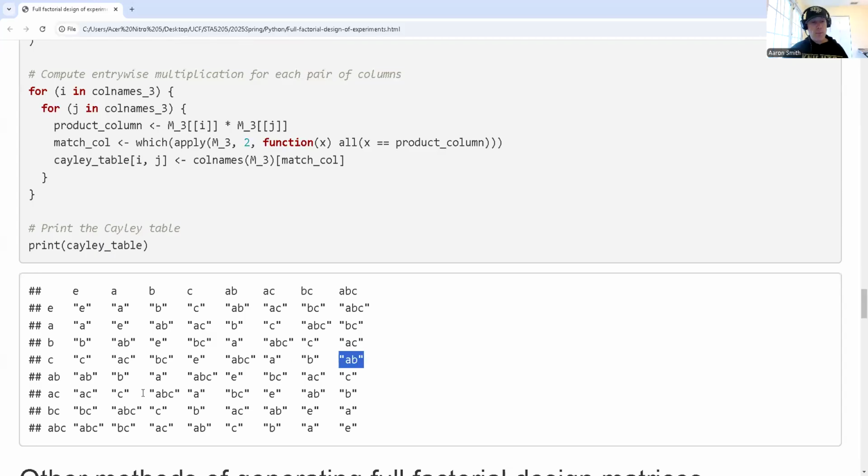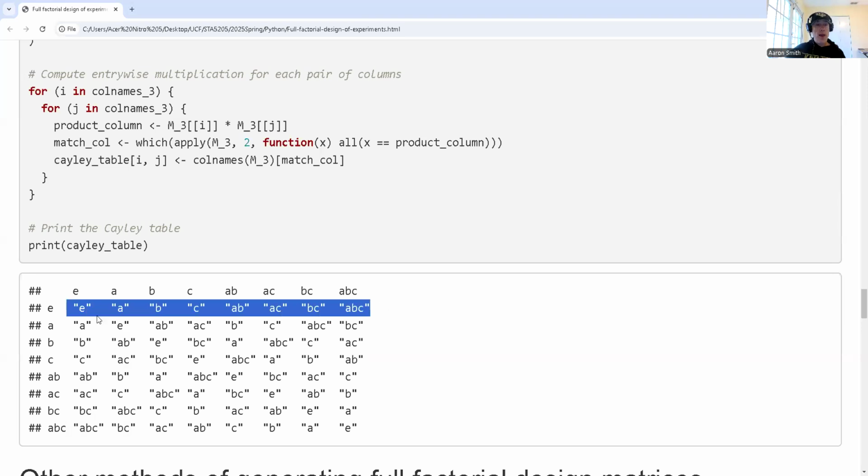Okay. And so the first thing I want you to notice is that every single column appears in every single row. Every single column appears in every single column. So if I go through here, I see that I have E, the main effects, the two-way interactions, and the three-way interactions. If I go here, I have the intercept, I have the main effects, I have the two-way interactions, and I have the three-way interaction.